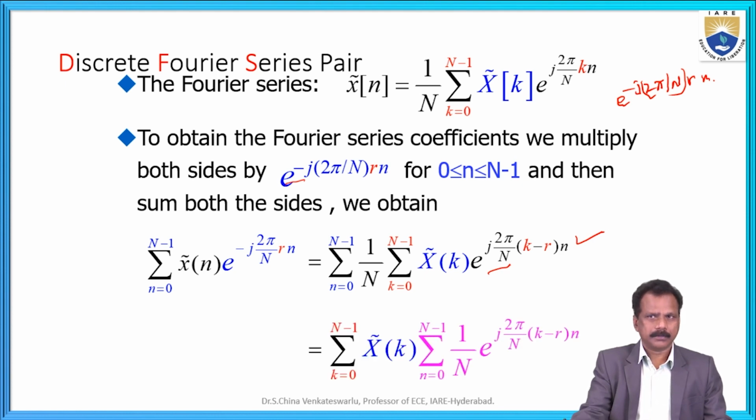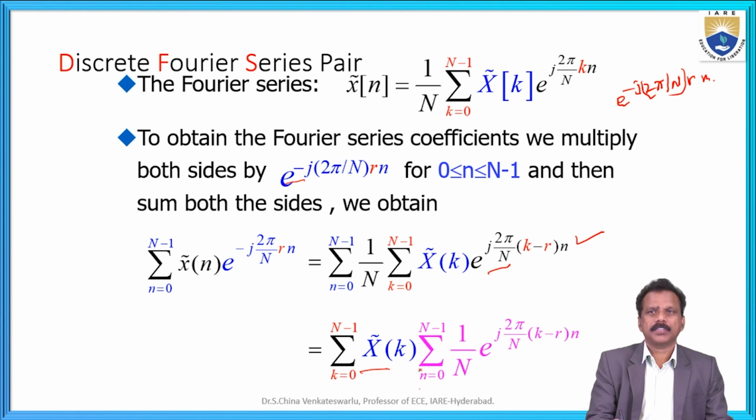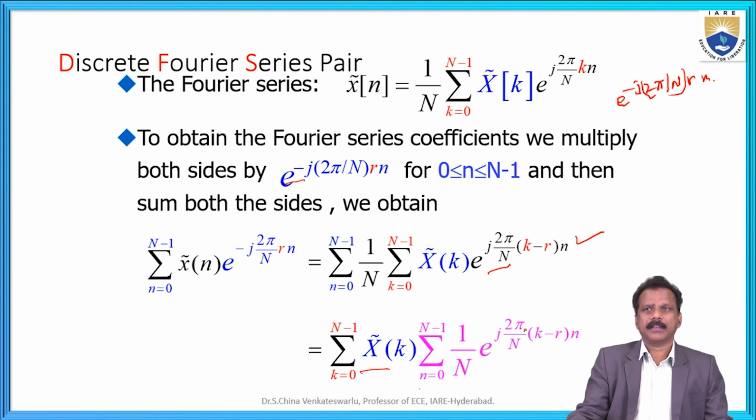So we are to verify that the summation k equal to 0 to N minus 1 of X of k, the summation n equal to 0 to N minus 1 by N of e power j 2 pi by capital N into (k minus r) into n.